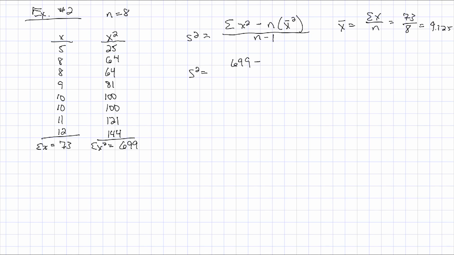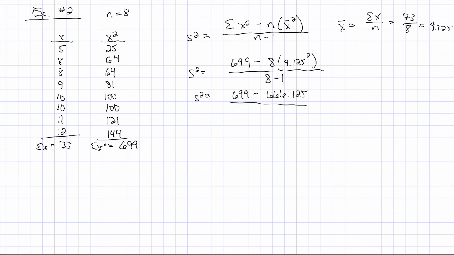We will subtract our sample size times our average squared. So 9.125 squared, and then we would divide by our sample size minus 1. So using my calculator, I can see that I have 699 minus 666.125 divided by 7.